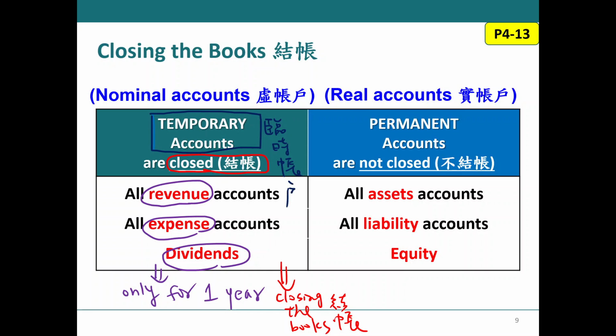Also, you can call them nominal accounts, 虚账户. So temporary account, nominal account, means the data only for 1 year. So for this kind of temporary accounts, revenues, expenses, dividends, we need to close the book. Okay, make it ready for next year.